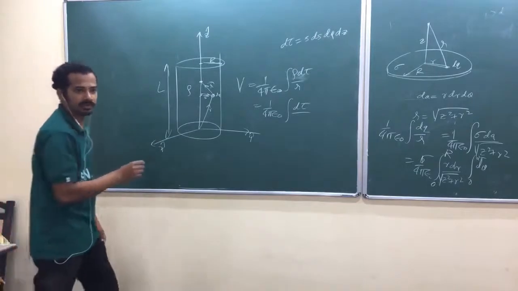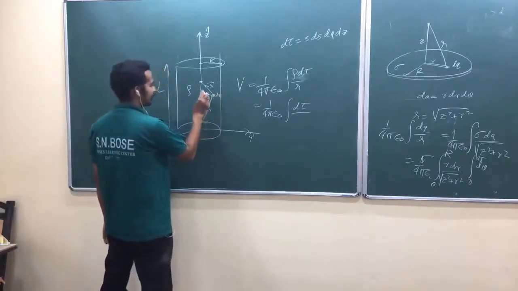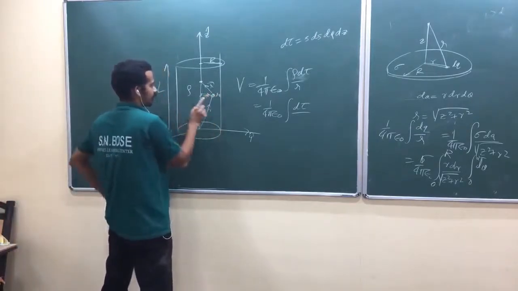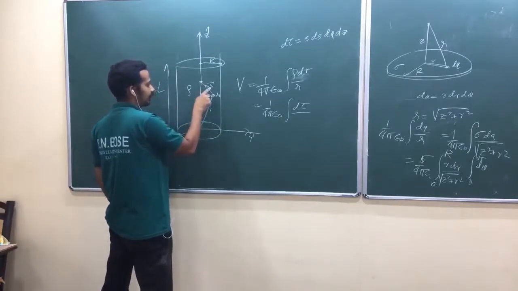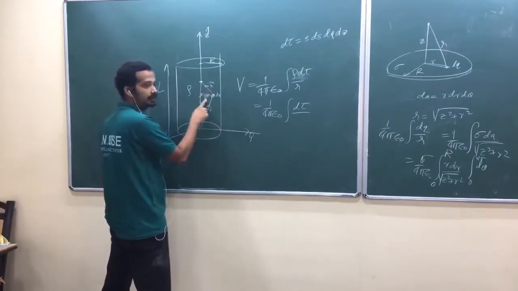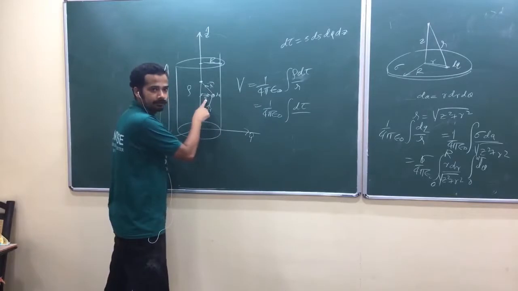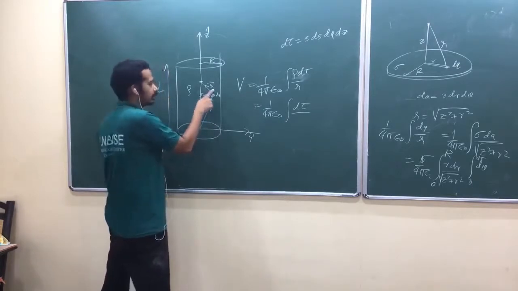No, you need something else. Now it's okay, S is okay. Now you have to write your italic R in terms of cylindrical coordinates. You can write italic R in terms of S square plus this square.